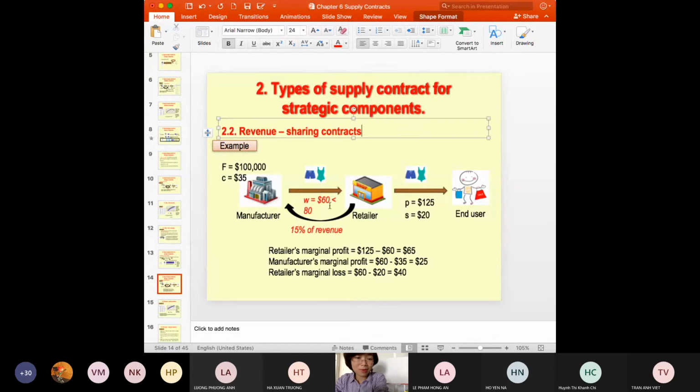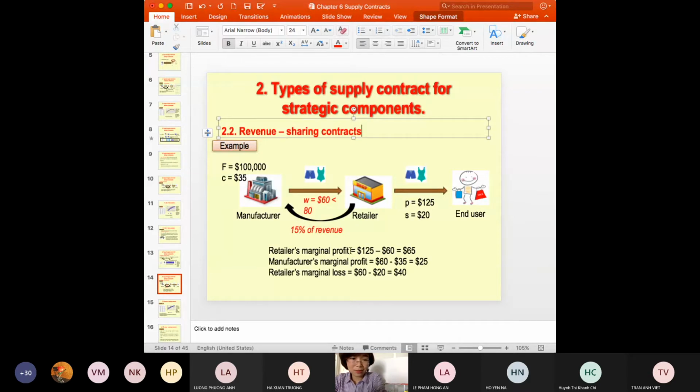In the previous example they sold to the retailer at $80, but right now they sell at $60. But the profits the retailer gets from selling, they must share with the manufacturer, like 15% of revenue.